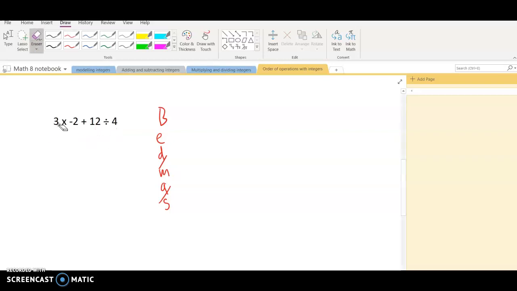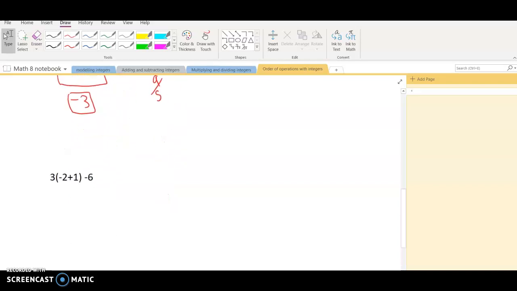So 3 times negative 2 is negative 6, plus 12 divided by 4. Then you're going to do this division: negative 6 plus 3, because 12 divided by 4 is 3. Then you're going to add these two together, which becomes negative 3.